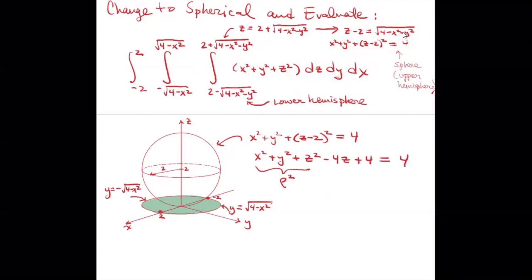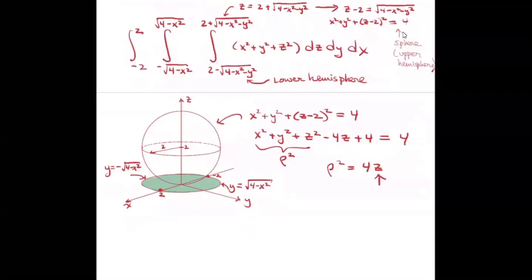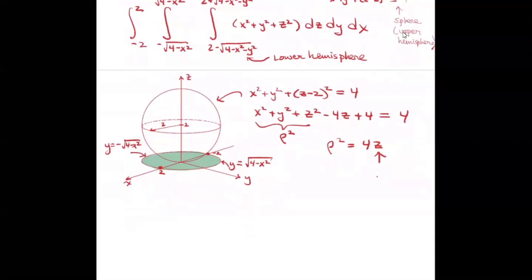And by the way, the 4's cancel, so you end up with rho squared equals 4z, but z is rho cos phi in spherical coordinates.